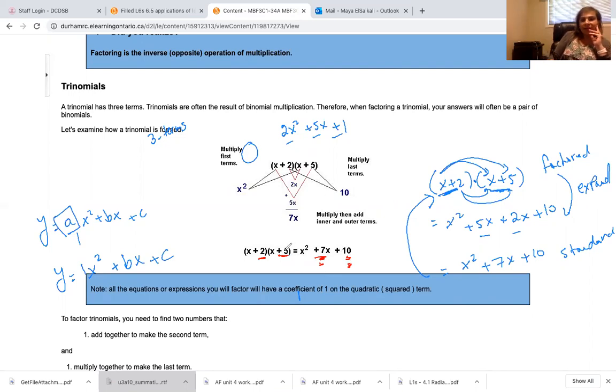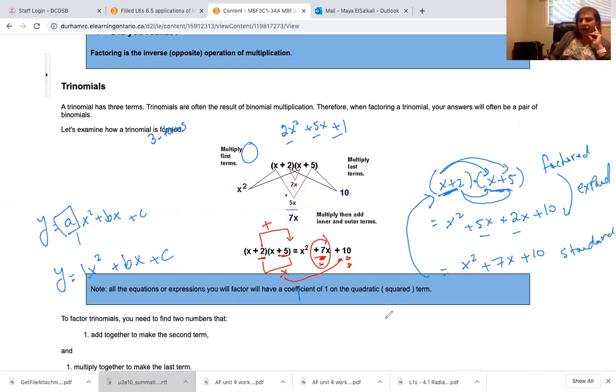If you're looking at this, you should know right now that if you add the 2 and the 5, that's going to give you the 7. And if you multiply the 2 and the 5, that's going to give you the 10. So adding the 2 and the 5 gives me the middle term, and multiplying the 2 and the 5 gives me the last term. Do you think that's always going to be the case?